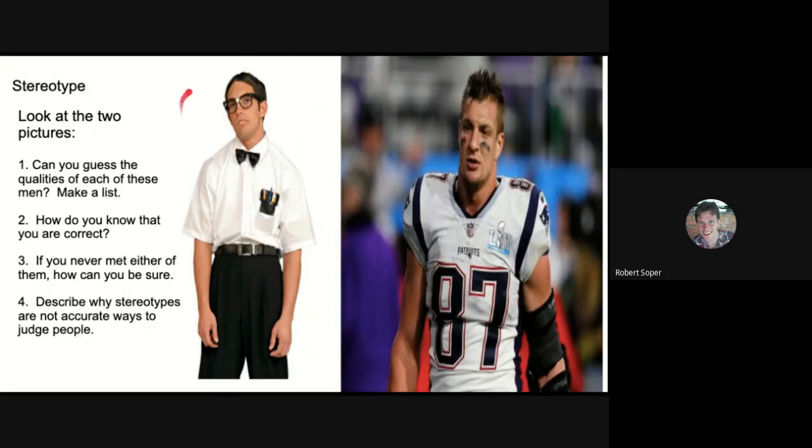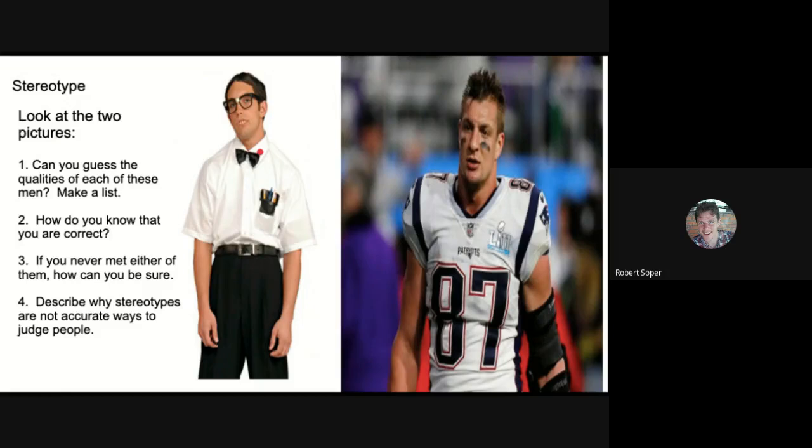So usually when you see a person like this, we tend to think, well, he's smart, but he's not popular. He's probably not very athletic, but he might be a straight A student. Well, when you look at this guy, you think he's an athlete, he's popular, but maybe less intelligent. The point is, we don't have the facts to help us know if that is true.